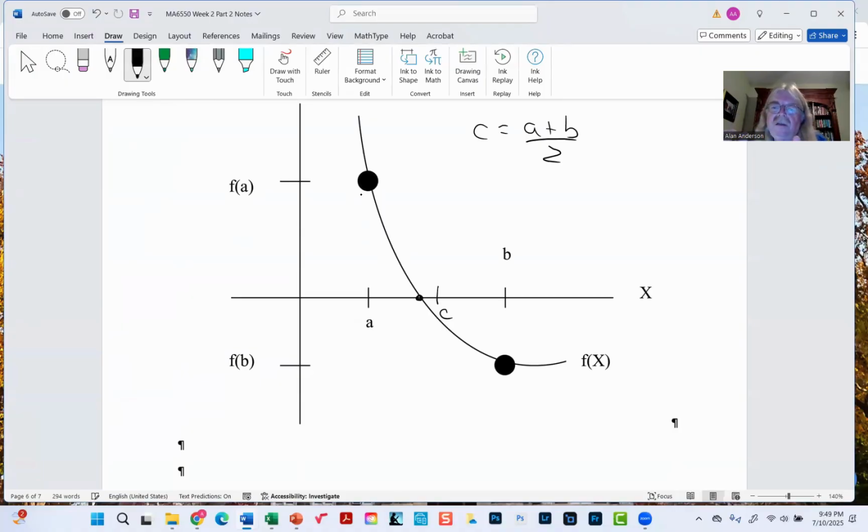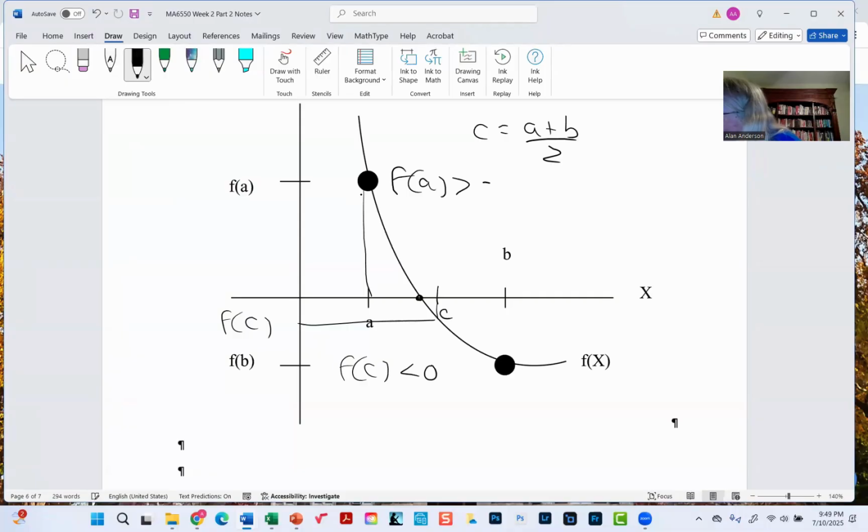Either A and C are on the 2 opposite sides of the root, or B and C are on either side of the root. We have to figure out which is which before we can proceed any further. So you can see here that f of A is positive, f of C is negative, which means that f of A times f of C is negative. And that means that A and C bracket the root.